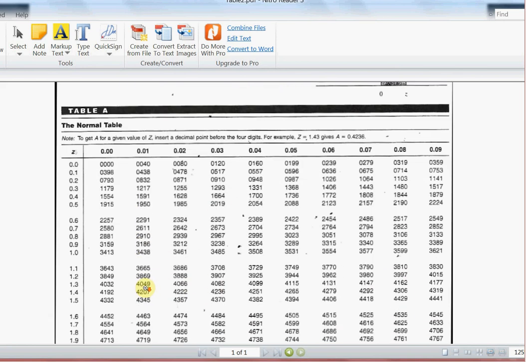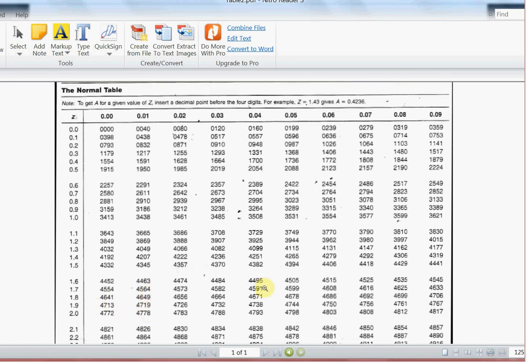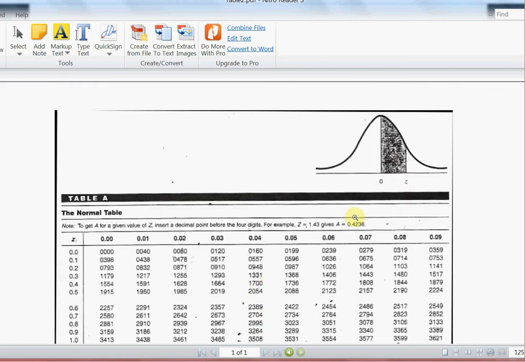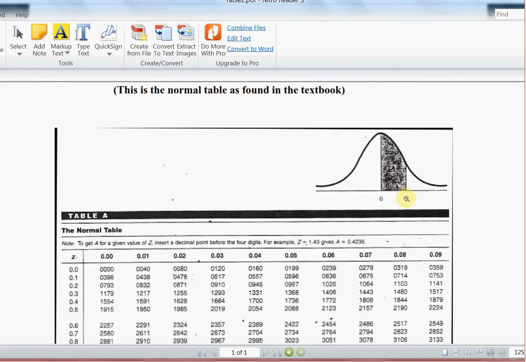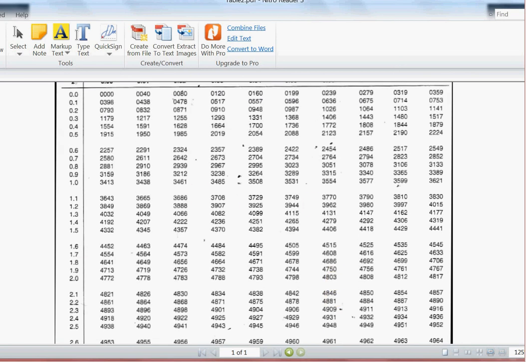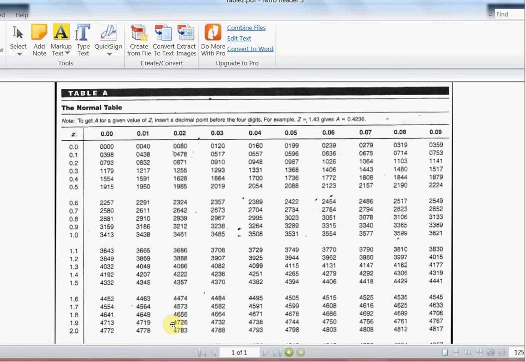Now in our question, we have a z-score of 1.9. Let's see what percentage value corresponds to 1.9. The z-score values here refer to this z-score here. All these percentage numbers refer to the area from the middle, from the mean, to a particular z-score. So if we have a z-score of 1.9, we can read what percentage number corresponds to 1.9. You could have a z-score 1.90, 1.91, 1.92, and so on and so forth.